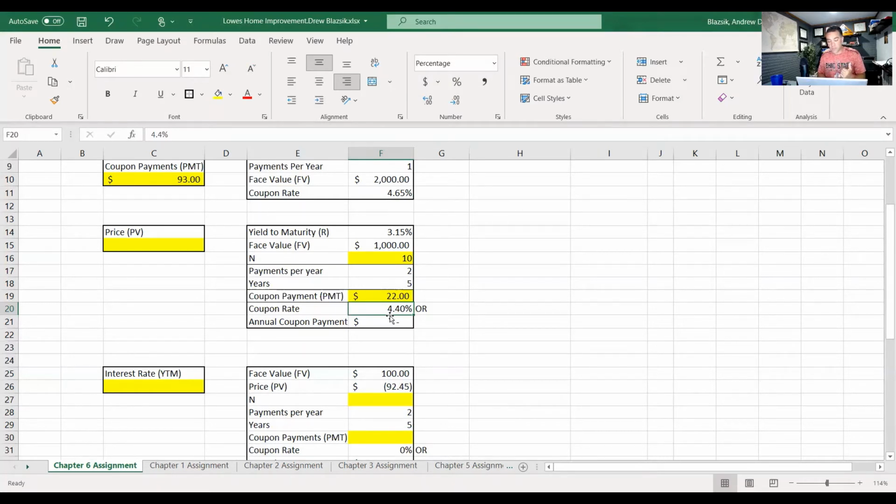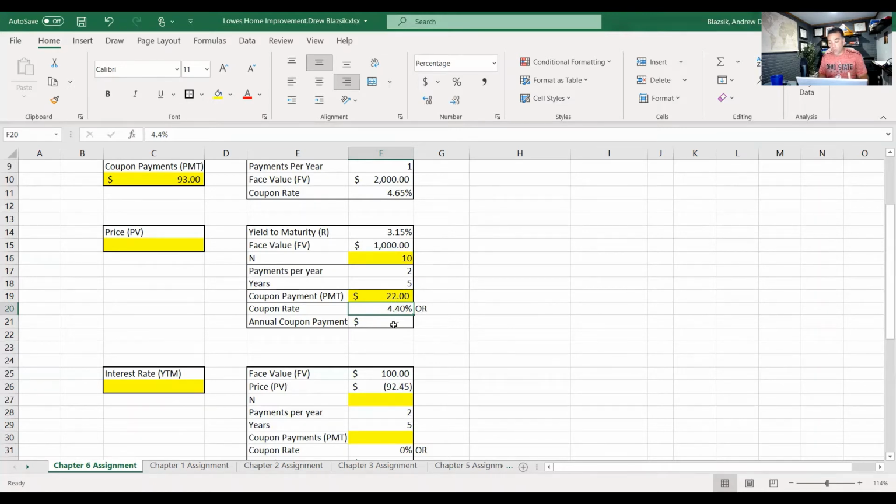When you're doing percentages, make sure you select that cell, hit Number up here and go to decimals. If I do 2 decimals, it's 4.4, still 4.4 in Excel, but it's good to see that. So 4.4% of 1,000 is $44, divided by 2, so 22 is correct.